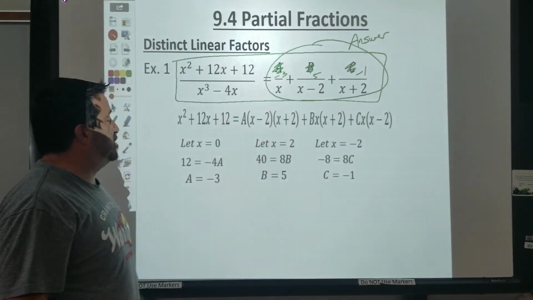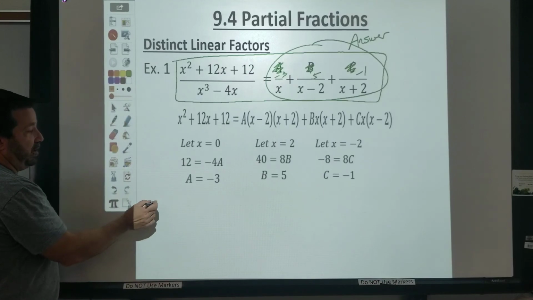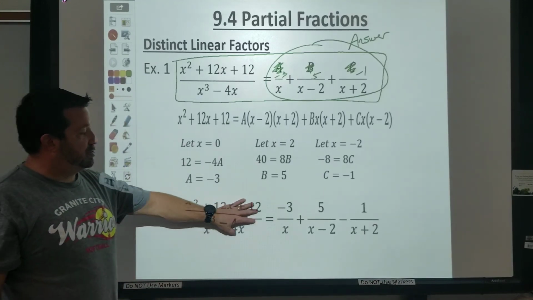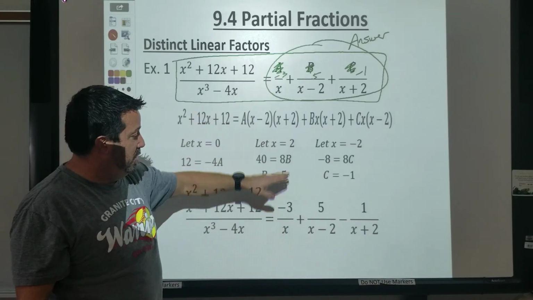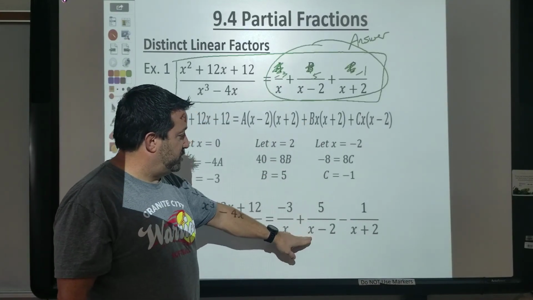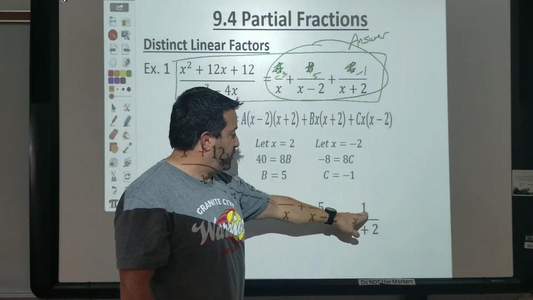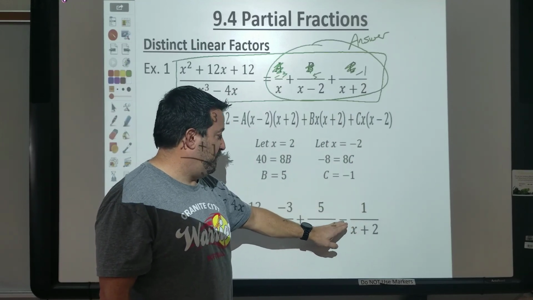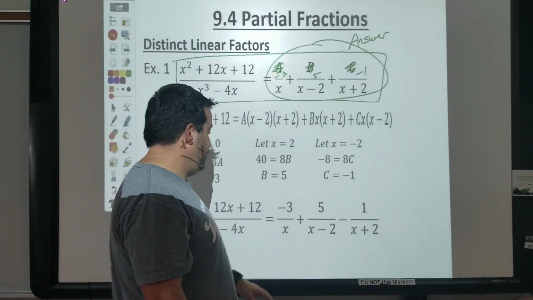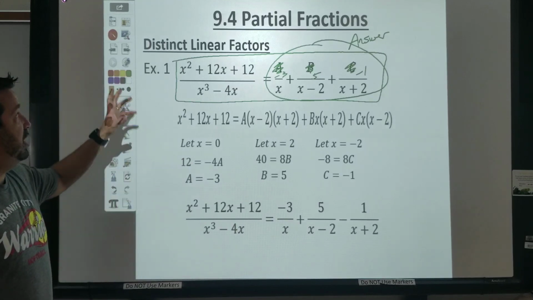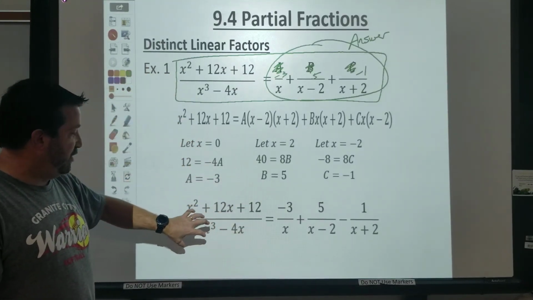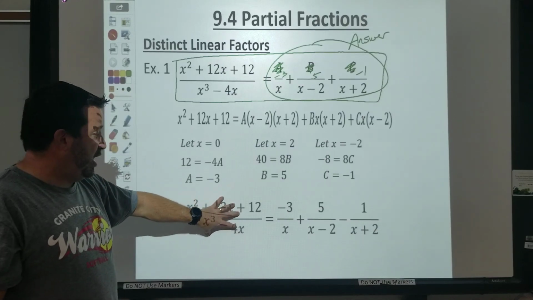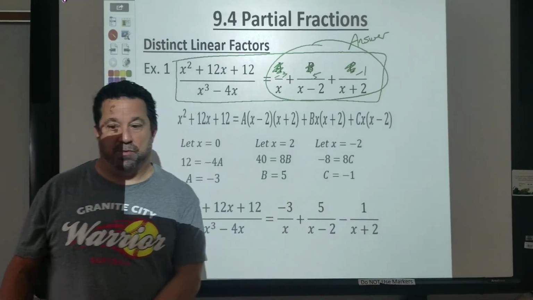And then that is actually what my answer is going to look like. So here's what I originally had, equals -3 over x plus 5 over x minus 2. And then the -1, I put the 1 here and I put the negative sign out front. You could have plus and have a -1 up there. That would be fine. But that is how you take that with distinct linear factors and break it down so that I can figure out that this fraction would be equal to the sum of these 3 fractions.